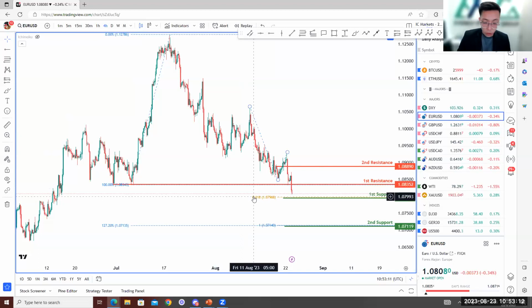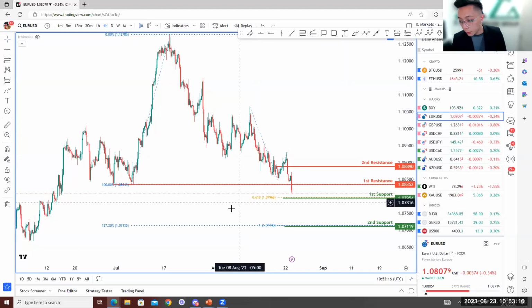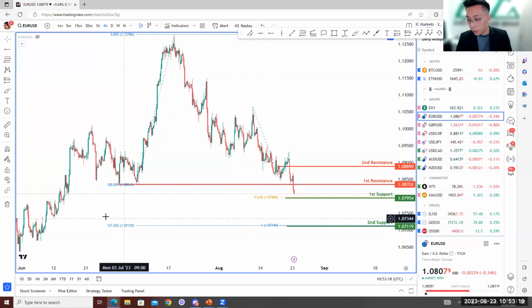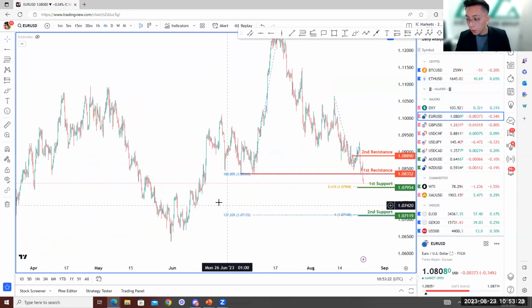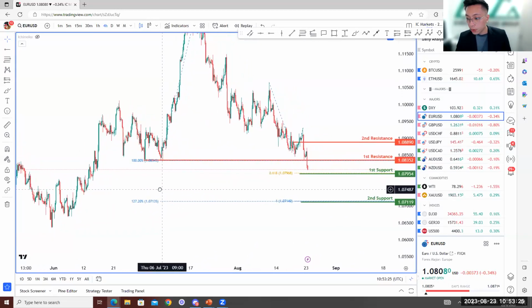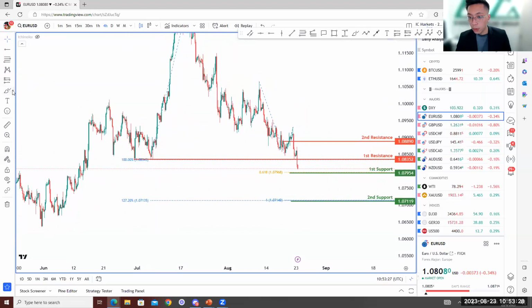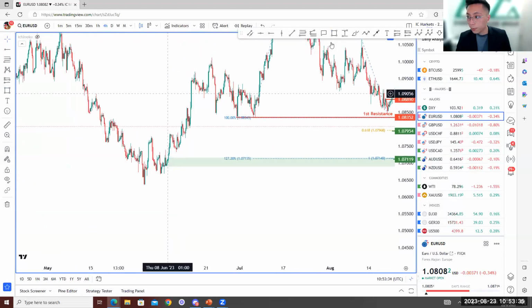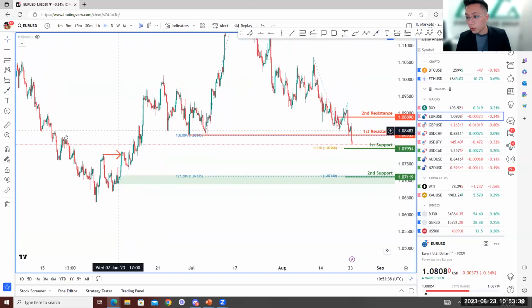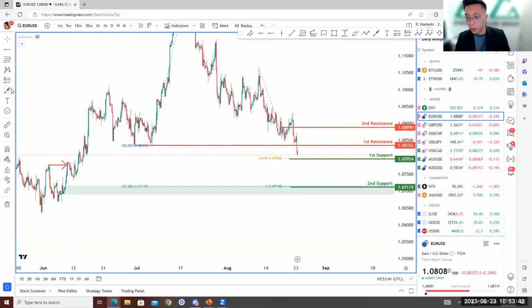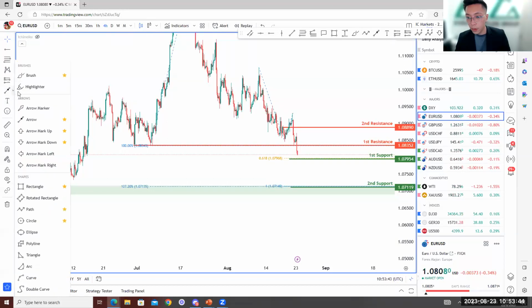If it breaks through, it will most likely go to maximum the 100% Fibo projection level combined with the 127.2% extension level. So I would say if it breaks there, this level, because we have a breakout structure right here, this order block looks very, very good.